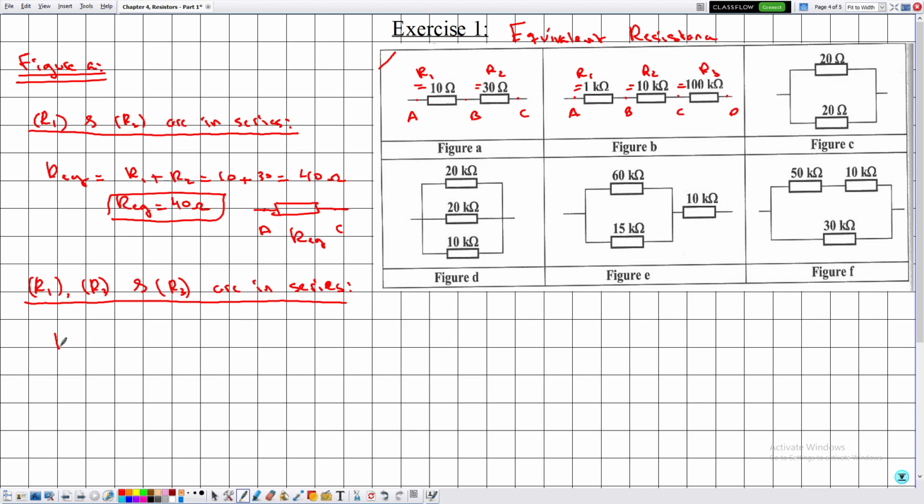Then in this case the equivalent resistance is given by R1 plus R2 plus R3, which is given by 1 plus 10 plus 100, which is equal to 111.